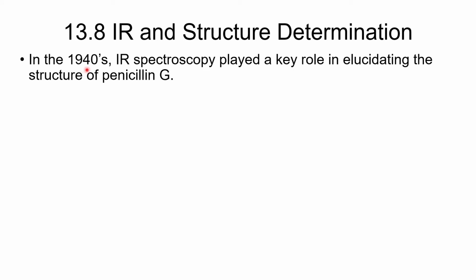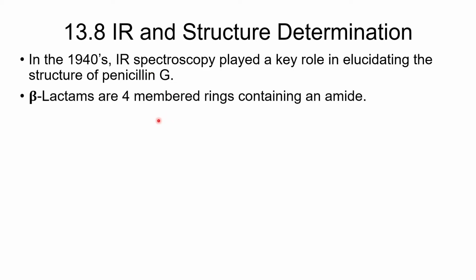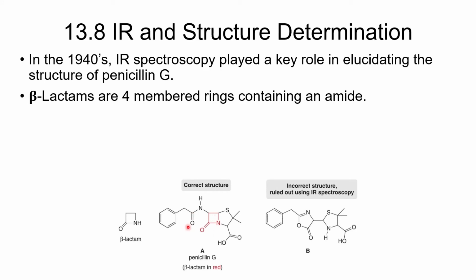And one example is in the 1940s, after penicillin had been discovered, and they were trying to figure out what exactly the structure of penicillin G was. They had two proposed structures, one that was this structure, which is the correct structure, and one that was this. You'll notice this one has what's called a beta-lactam, and this one does not have a lactam in there at all, and it definitely doesn't have that 5-membered ring.